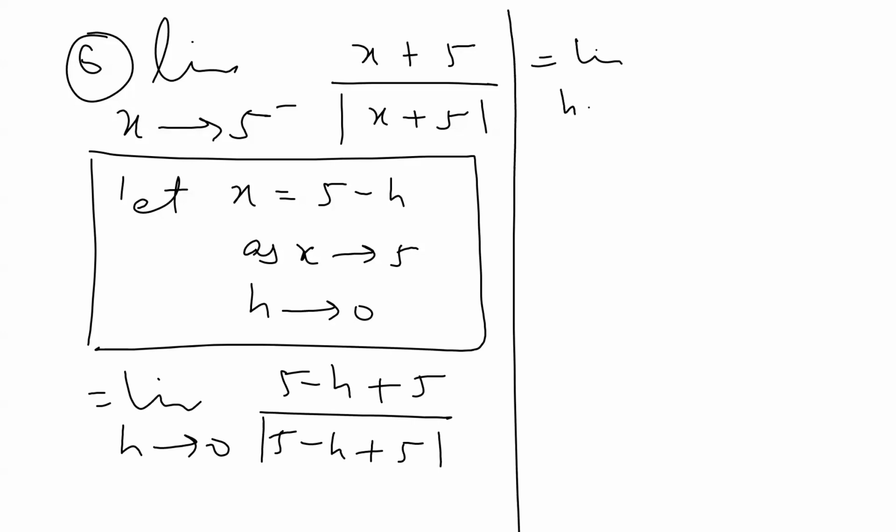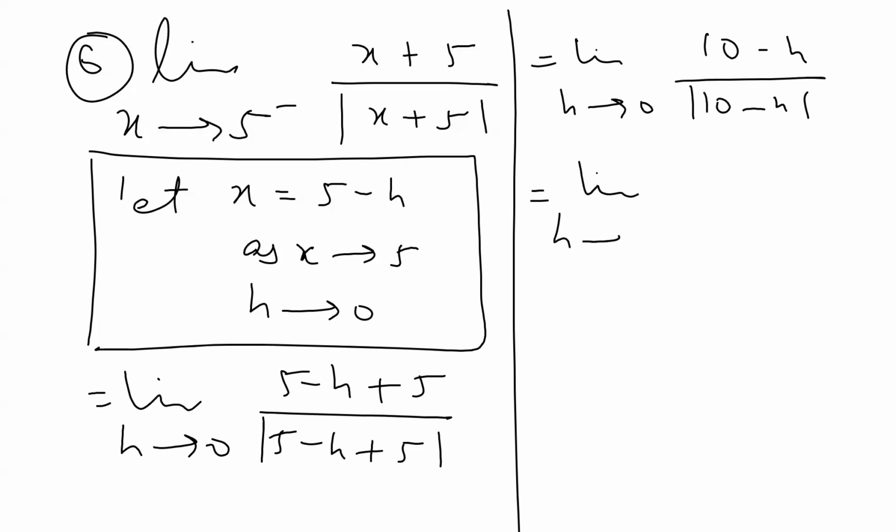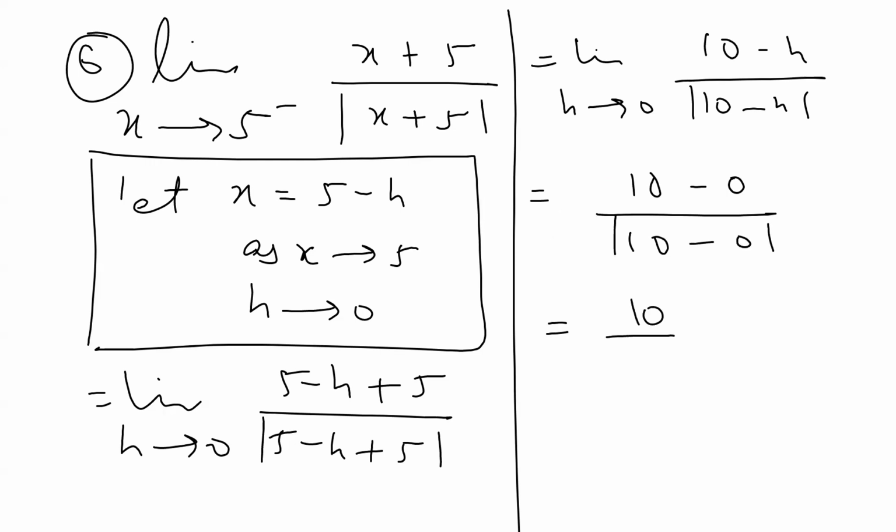So limit h approaches 0, 10 minus h, modulus of 10 minus h. Okay. Now this we cannot further simplify. So put the value of h as 0. So this is going to be 10 upon 10, which is 1.